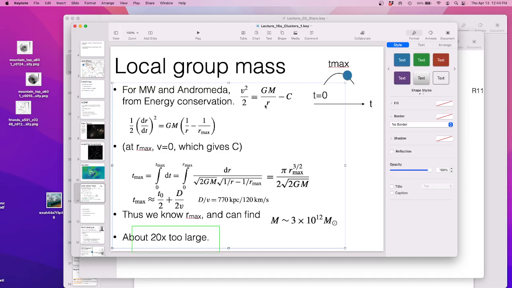So I just invert and I get the mass is 10 to the 12 solar masses, which is about 20 times luminous mass. So we can see that there's a bunch of dark matter here. It's doing a bunch of work. It's accelerating Andromeda towards us.